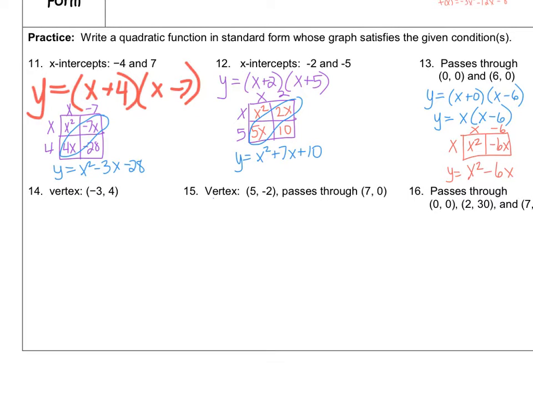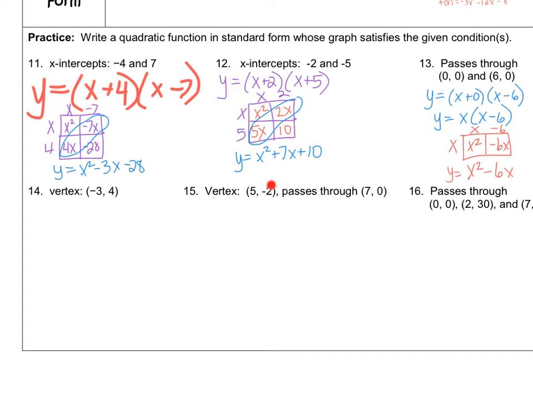Now on number 14 and 15, they didn't give us intercepts, so we can't put it into intercept form first. What they did give us, though, is a vertex, so we can put it in our vertex form. On 14, all they gave us was the vertex, so we'll assume that our a value is 1.